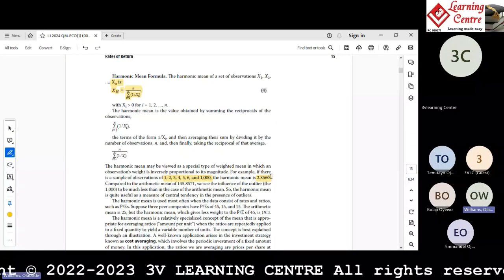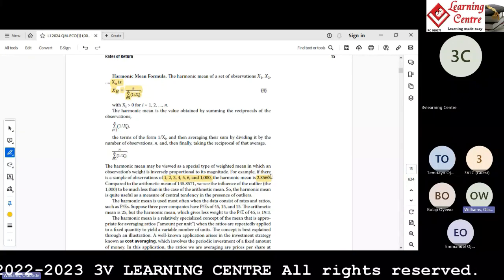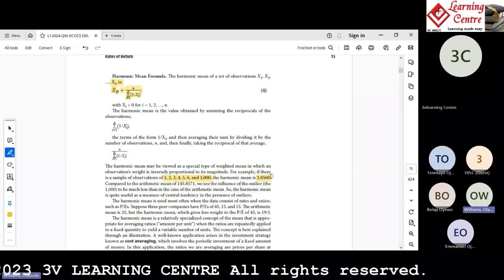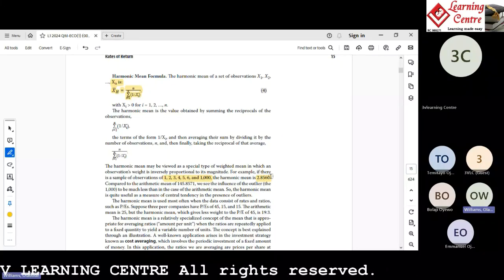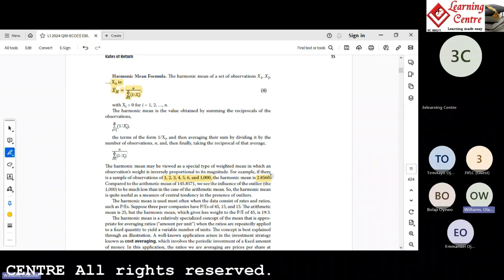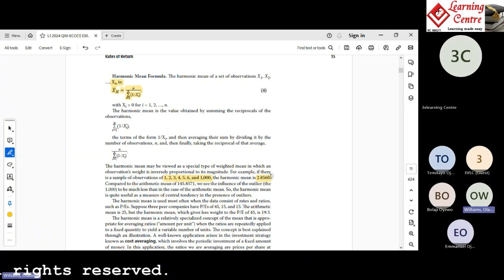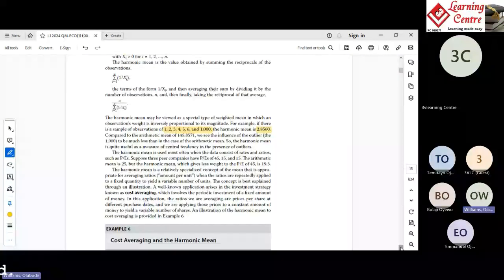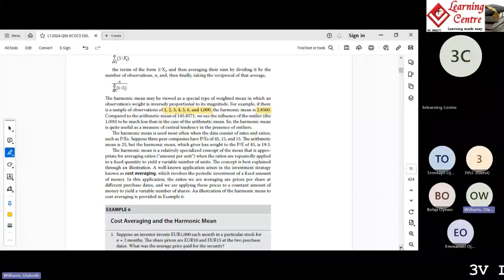So when you look at your observations and you can see an outlier, then the best mean to use will be your harmonic mean. That will give you something that is much closer to correct than the other types of mean. So those three scenarios you should look out for in answering your question on the type of mean to use.